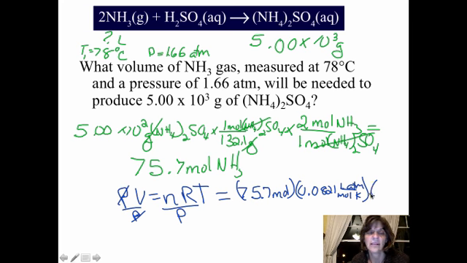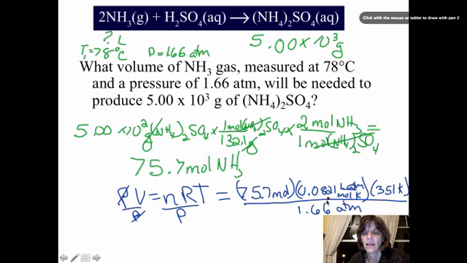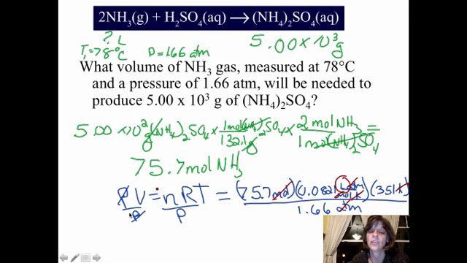And the temperature is 78 plus 273, 351 Kelvin, all over a pressure of 1.66 atmospheres. If you notice, I'll check the units. My atmospheres cancel out, my Kelvins cancel out, and my moles cancel out, leaving me with liters, which is the unit that I want for volume.